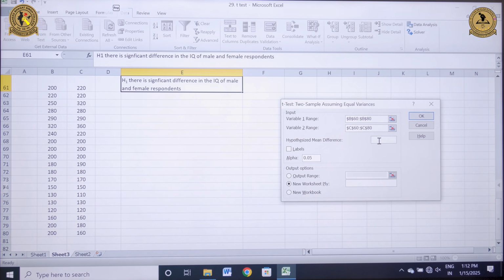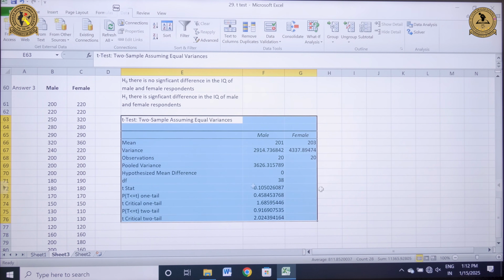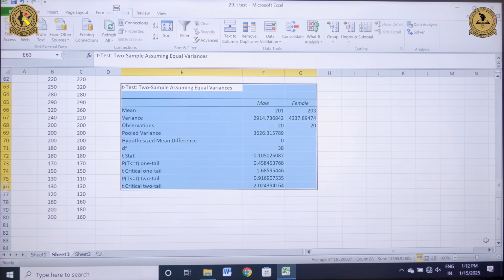Hypothesized mean difference is 0. I need to select labels as well. Output range is E63, and then click OK.